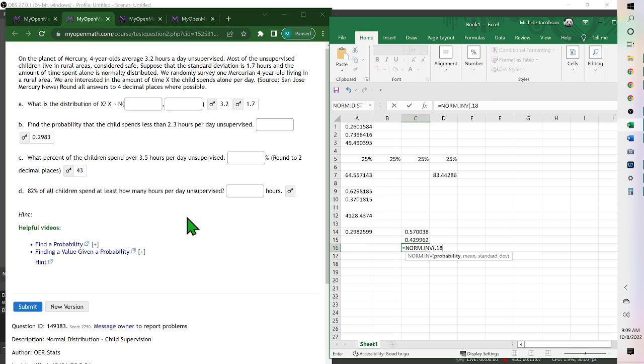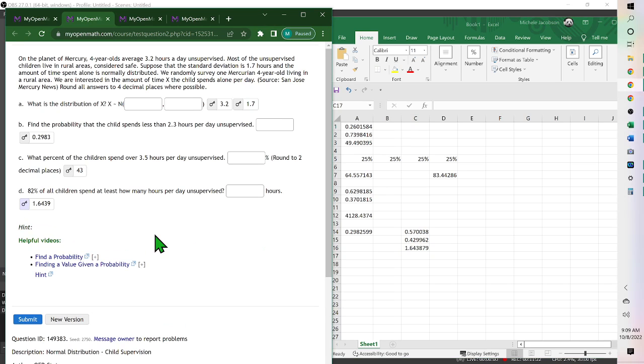We want to use 18 with our mean 3.2 and our standard deviation 1.7. There you go. So the reason I subtracted the 82% from 100 and got the 18%, is because it said at least how many hours. So 82% should be above what value, and we needed the percent below.